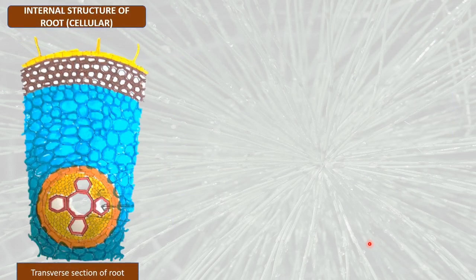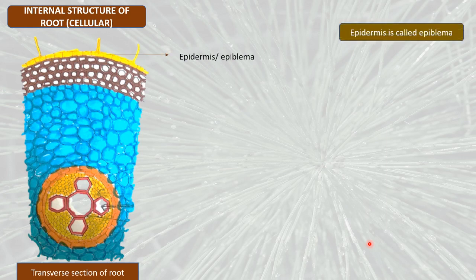This is very simple, and you'll be able to understand it very fast. So this is the epidermis, the outer layer, and each of these epidermal layer gives out an outgrowth which is called root hair. So this is root hair, this is epidermis, or also known as epiblemma.